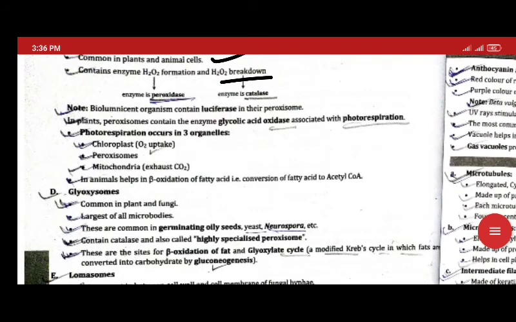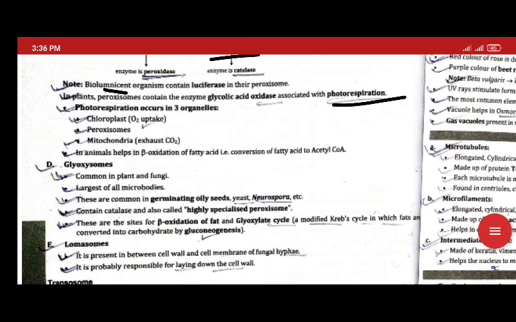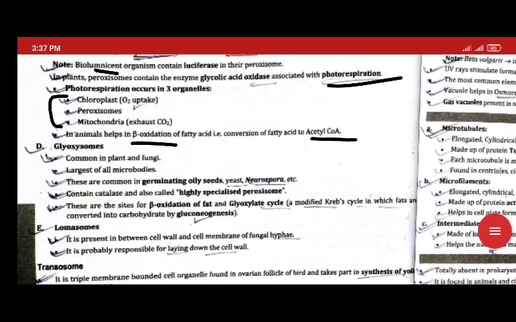The main function is photorespiration, which occurs in three organelles: chloroplast, peroxisome and mitochondria. Beta oxidation here is for fatty acid conversion into acetyl CoA.